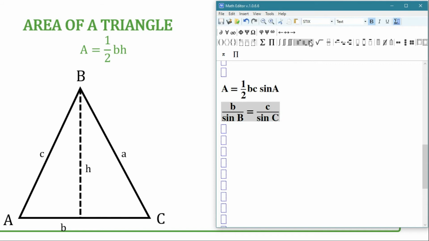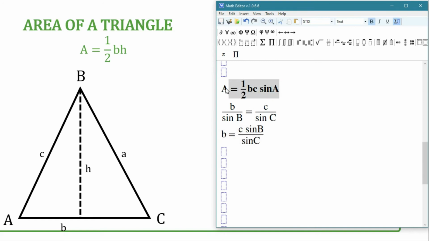So, how are we going to find the value of B given this one? Para po ma-solve natin si B, what we're going to do is just multiply both sides by the sine of B. Meaning to say, B can be represented as C sine of B over sine of C. Tama po ba? Alright, so we just multiply both sides by sine of B para matanggal natin dito. And in this part, we can substitute it to our formula that we have a while ago.